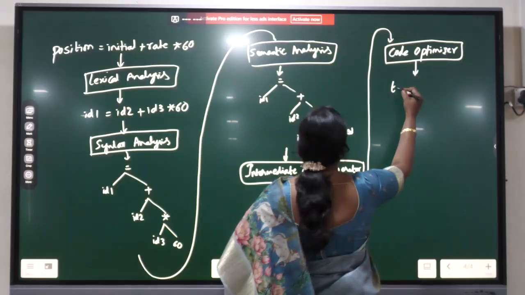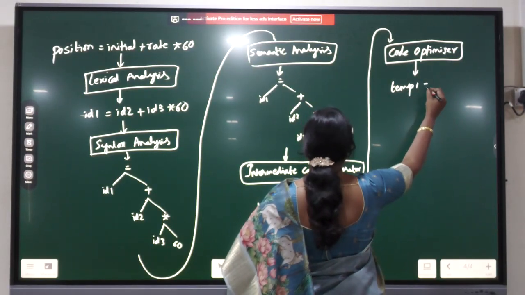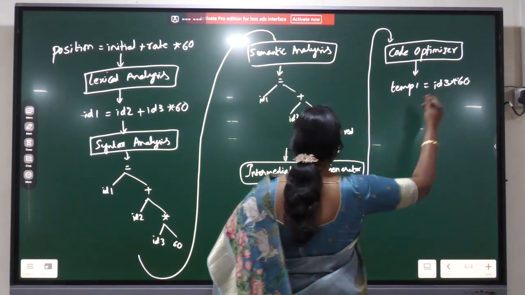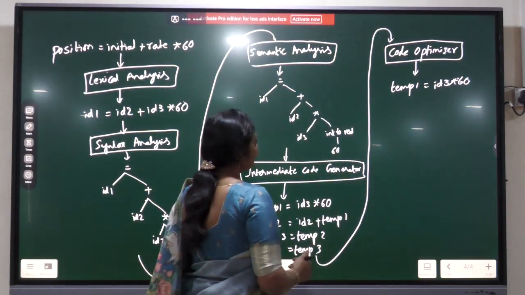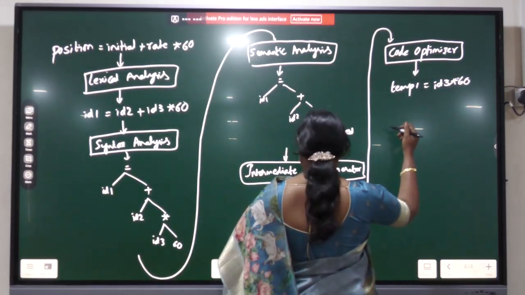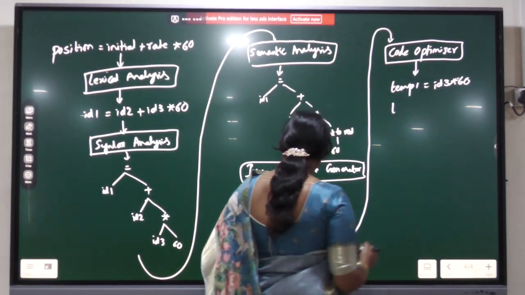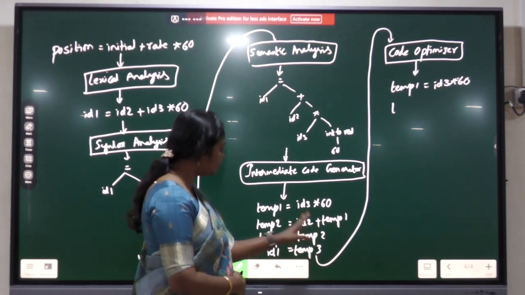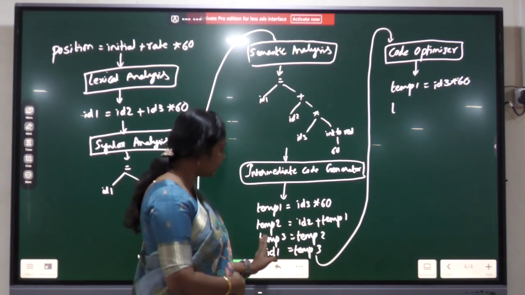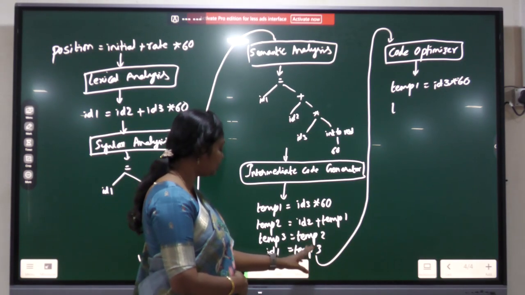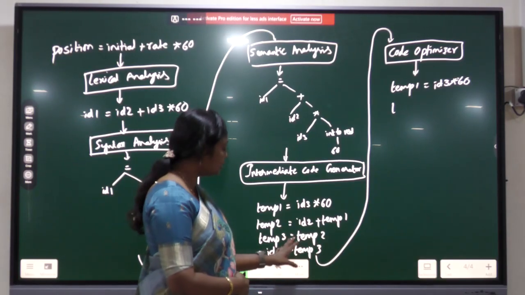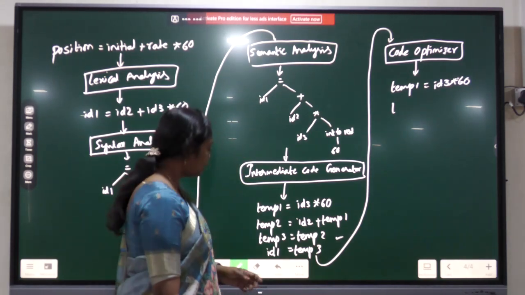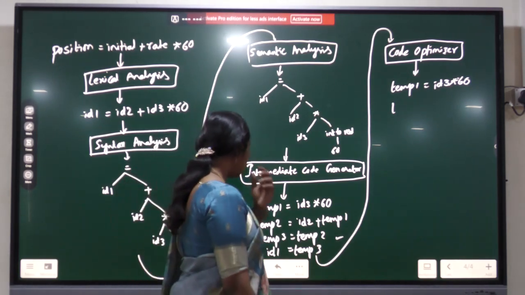You can take temporary variable 1 equal to id3 star 60, and you calculate it. After that, we assign temporary variable 2 to temporary variable 3, and then assign the value of temporary variable 3 to id1. So this line of code is an unnecessary line, right? That's why we can remove this particular line.